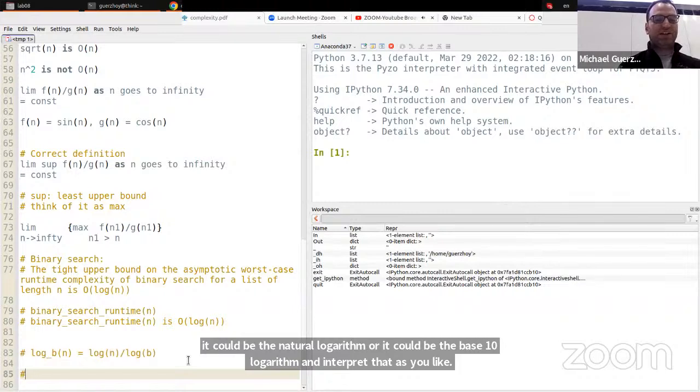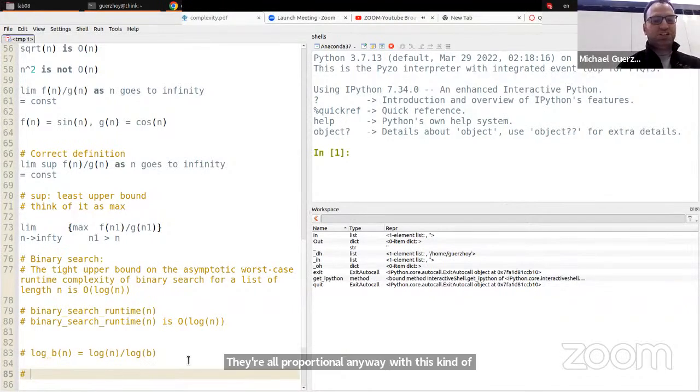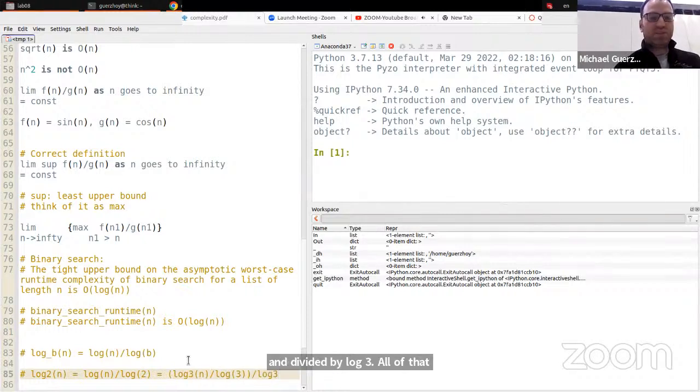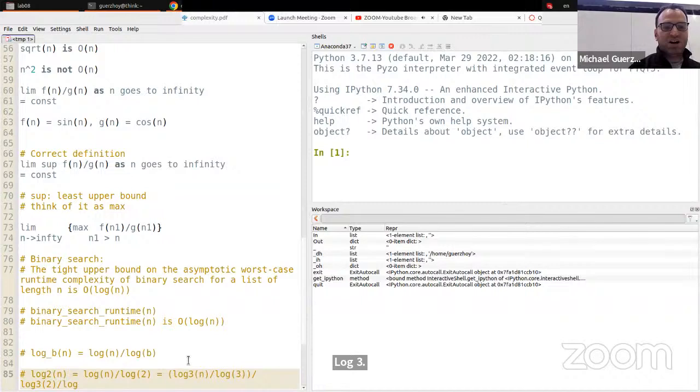So to be more explicit about it, for example, you could say that log base 2 of n is equal to log n divided by log 2, which is itself equal to log base 3 of n divided by log base 3 of 2, and then the log 3 just cancels out.